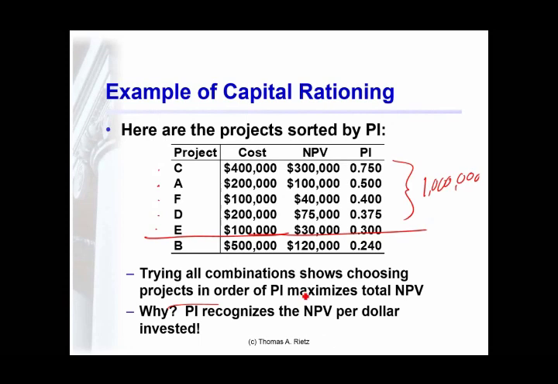And if we add up the net present value, it's 300, 400, 470, 555.